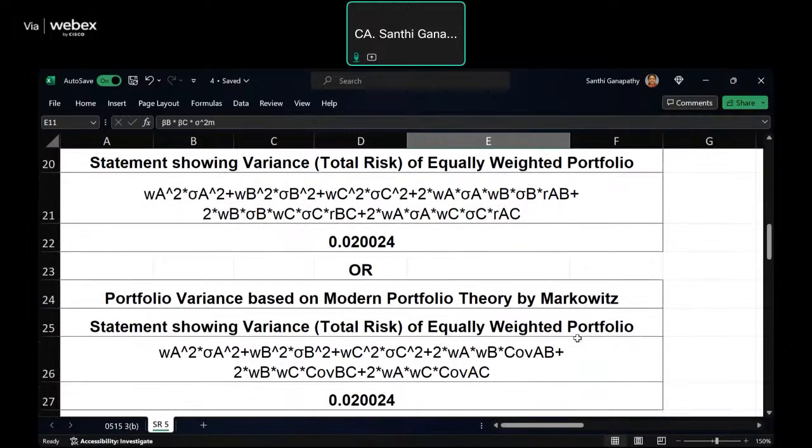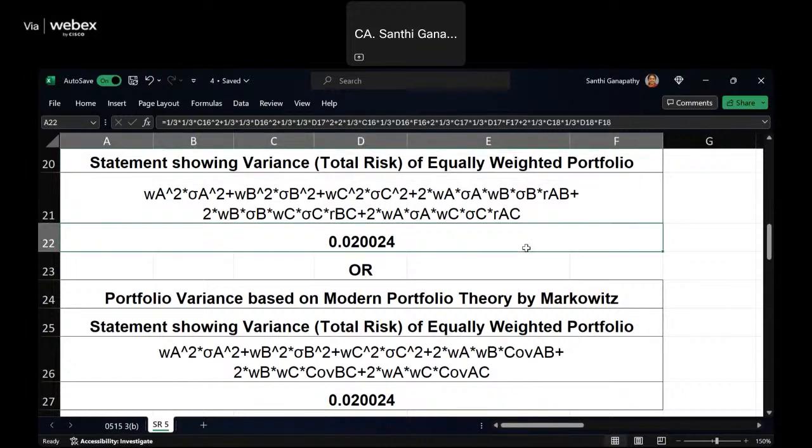Whichever way you have done, the total risk comes to the same value. Still, this is clear, isn't it?